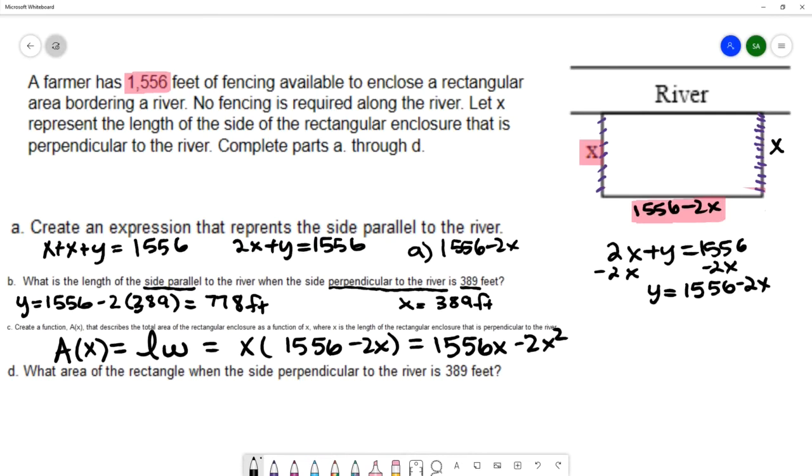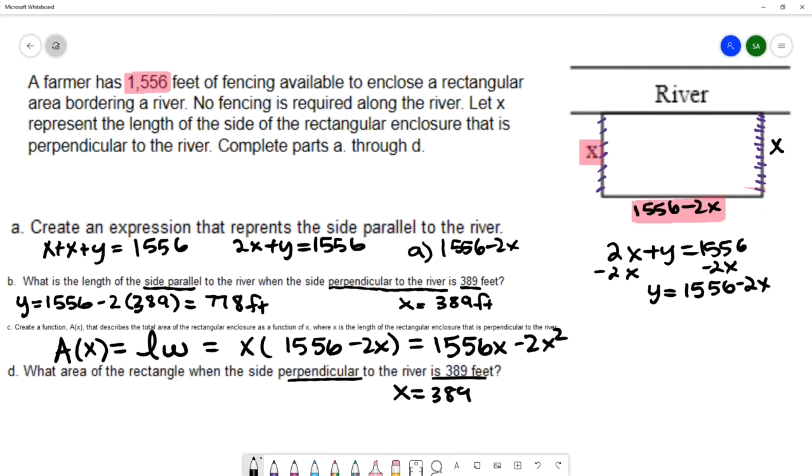So in our final part, we want to find the area of the rectangle when the side perpendicular to the river is 389 feet. So once again, this is x equals 389.